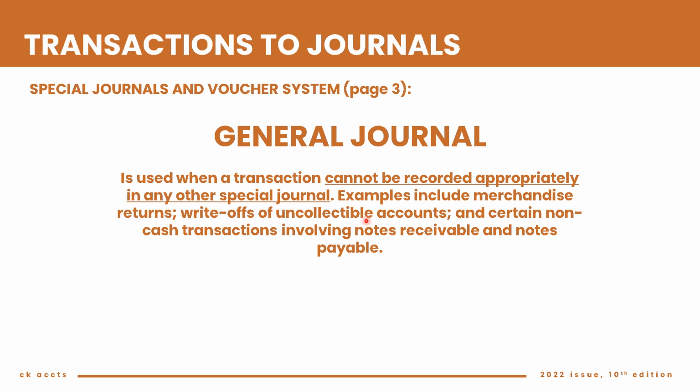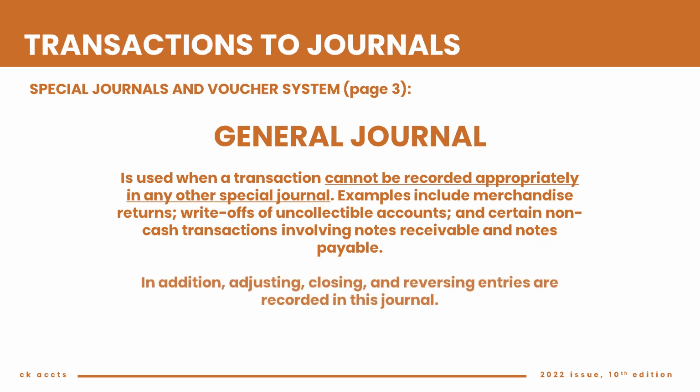Say, for examples, ay yung mga transactions for merchandise returns, yung mga write-off ng uncollectible accounts, or yung mga certain non-cash transactions involving notes receivables and notes payable. Okay? So, in addition, adjusting, closing, and reversing entries are recorded in this journal.